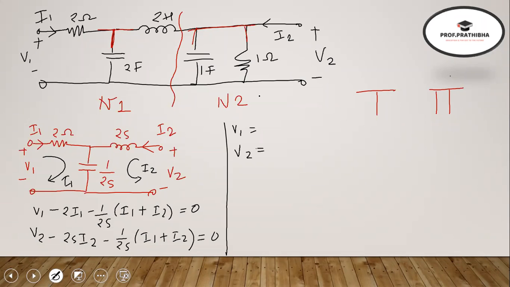And so you should get something like V1 equals 2 plus 1 upon 2s times I1 plus 1 upon 2s times I2. Could you confirm if you get it?